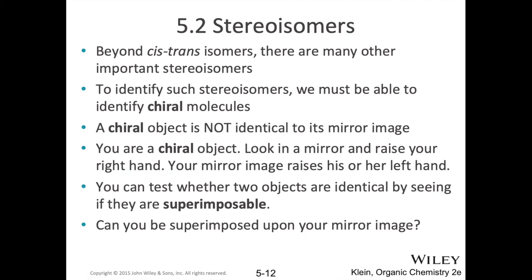All right, now beyond cis and trans isomerism, there's also chirality. This is the example that I showed you towards the start of this PowerPoint when we were talking about drugs and their mirror images and how one can work and one might not.